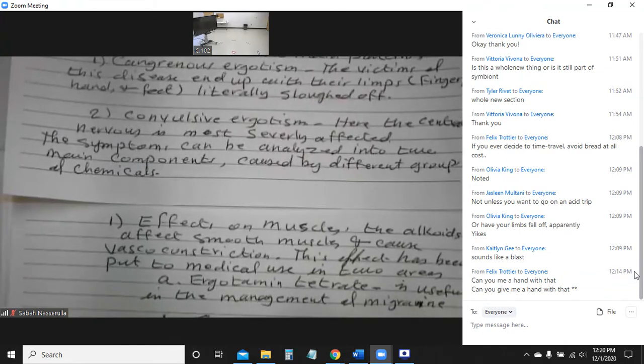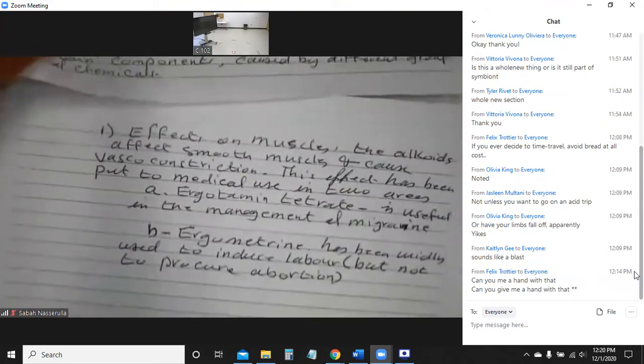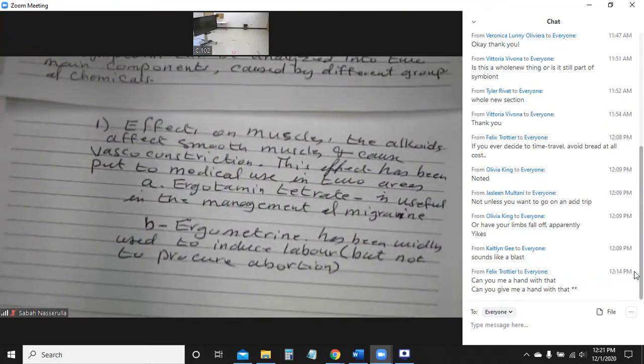Okay, but as a matter of fact, not to procure abortion. So basically, this one is the effect of this compound on the muscle.